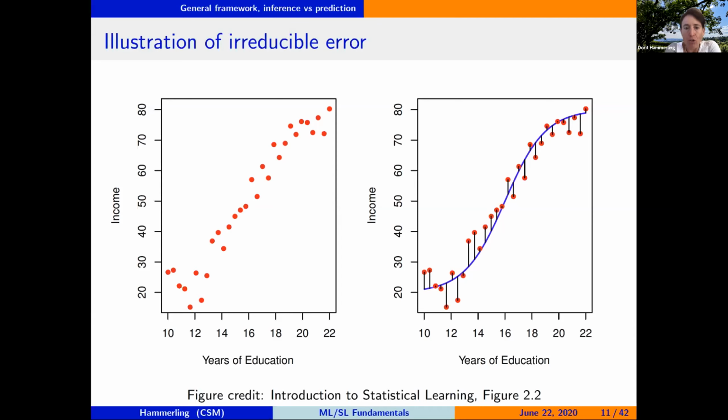If you think about your applications, there might be measurement error, or your model might not have access to all the variables that explain it. It's very hard to think about any kind of practical application where there isn't some amount of irreducible error in the system.